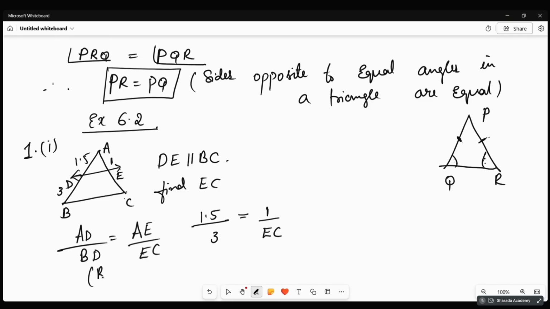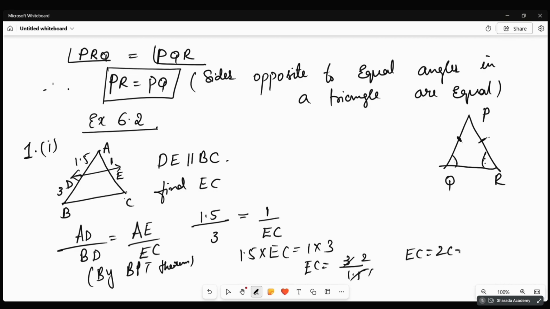So by BPT theorem, cross multiply: 1.5 into EC is equal to 1 into 3, or EC is equal to 3 by 1.5. Since it's given in centimeter, EC is equal to 2 centimeter.